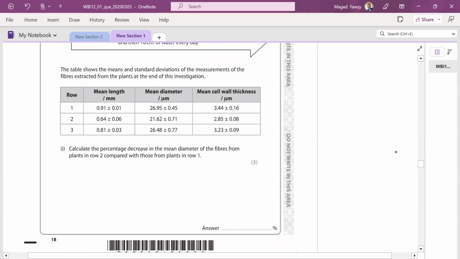Osama, calculate the percentage decrease in the mean diameter of the fibers from plants in row 2 compared with those from plants in row 1.